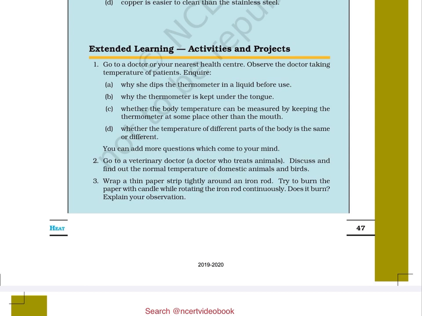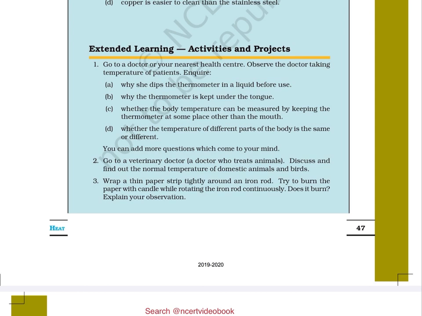B. Why the thermometer is kept under the tongue. C. Whether the body temperature can be measured by keeping the thermometer at some place other than the mouth. D. Whether the temperature of different parts of the body is the same or different.